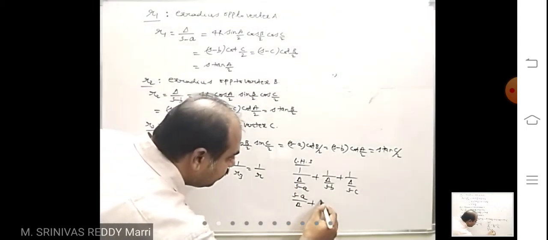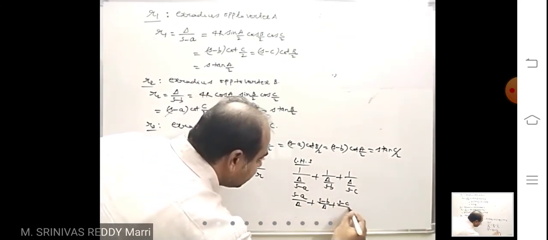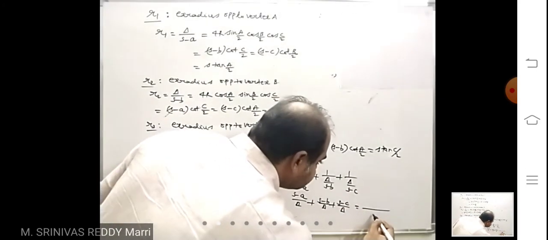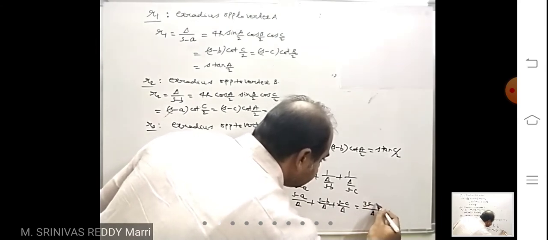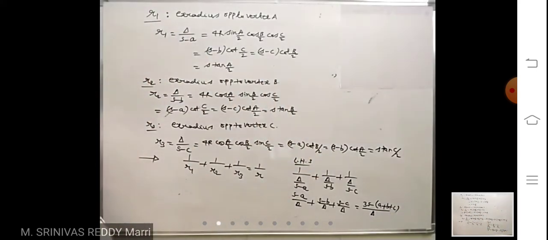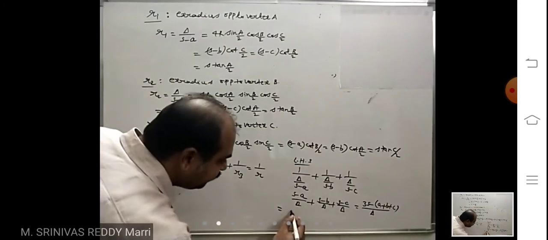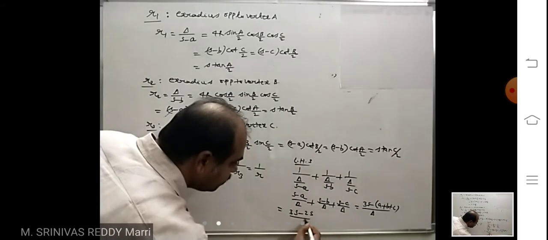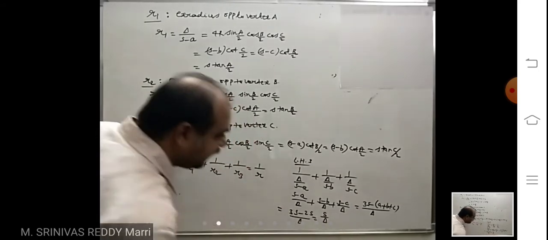So this becomes S minus A by delta, S minus B by delta, S minus C by delta, right? If you take the common LCM, this is 3s minus of A plus B plus C. A plus B plus C is nothing but 2s. So 2s divided by delta. That means this is nothing but S by delta.